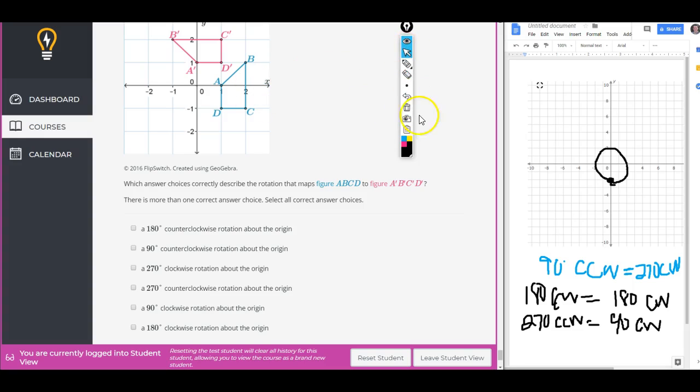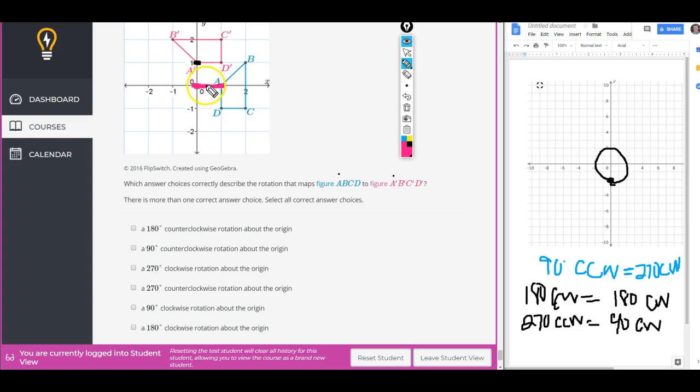Now if we're looking at this, figure A's corresponding point is A prime. From point A to A prime, my first inclination, since it went this way, is to compare it counterclockwise. I'm going to use my line of reference from the origin, and it went directly to the right 1 unit.